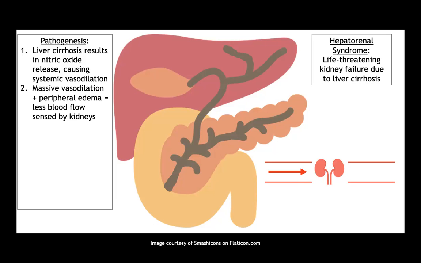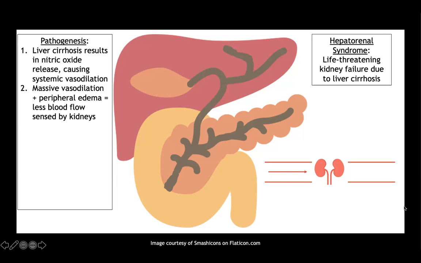In addition to that, keep in mind that these people who have liver cirrhosis already have a lot of peripheral edema. So a lot of their fluid that we want to keep in their blood vessels, a lot of it's already escaping. So not only are we having lack of blood flow in our intravascular space initially, now we have this massive vasodilation. That's really going to restrict our kidneys' perception of how much blood flow it can get.